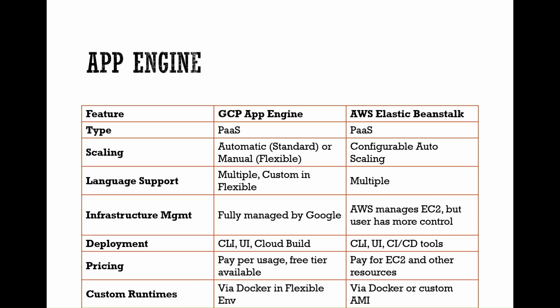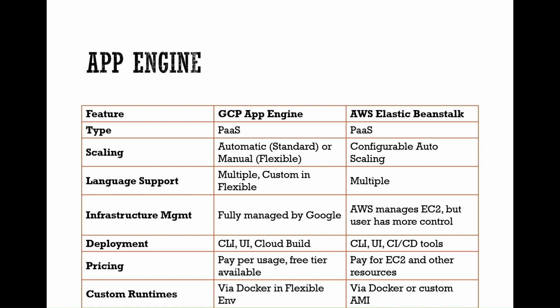Then infrastructure management: in GCP, it's all Google managed. In AWS, it's managed by EC2, but it provides some control to the users if they want. Pricing is pay per use, with a free tier available for the standard one.